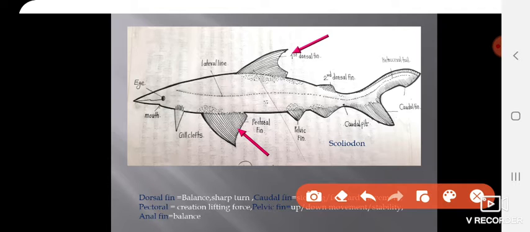The pelvic fin helps with upward as well as downward movement. The other small paired fins play a role in providing stability to the fish, and the anal fin also helps with balance.